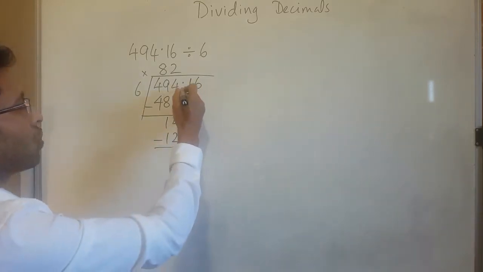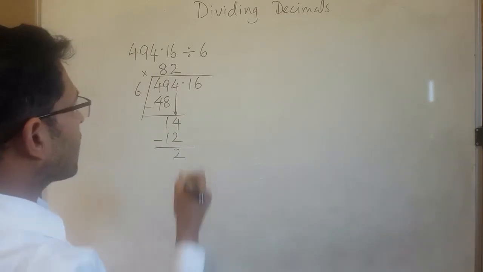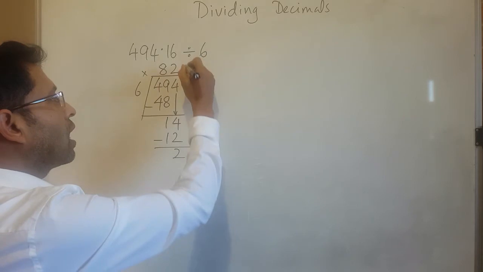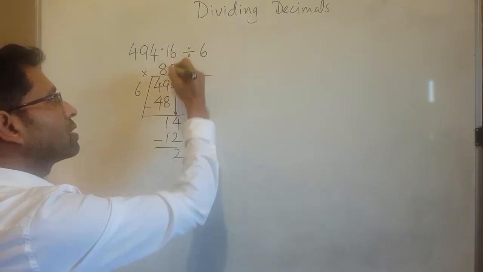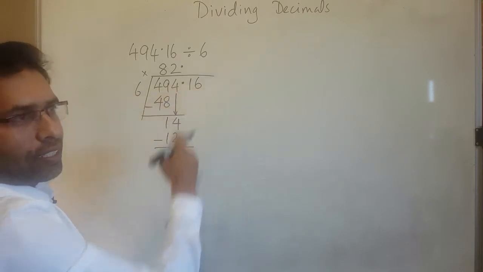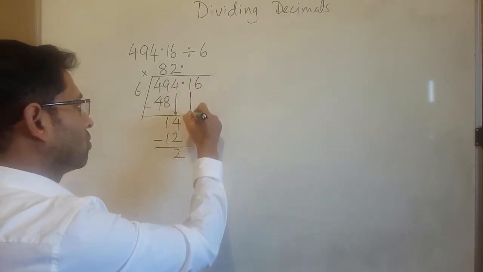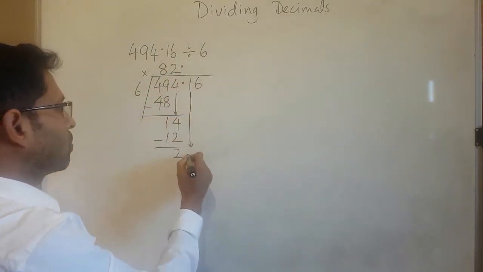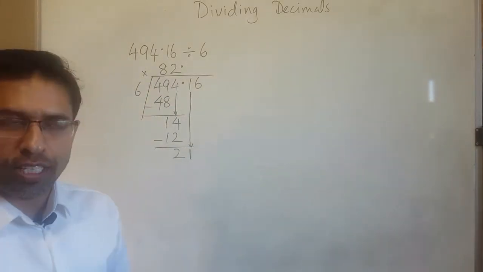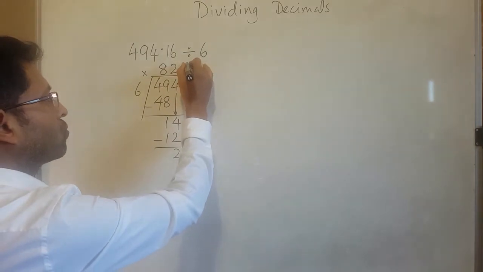Then we need to go for the next digit, but the next digit is after the decimal point. Now we need to consider the decimal point in the answer as well. We are allowed to bring the next digit down because we already put the decimal point in the answer. So 21 can be divided by 6. It goes 3 times.